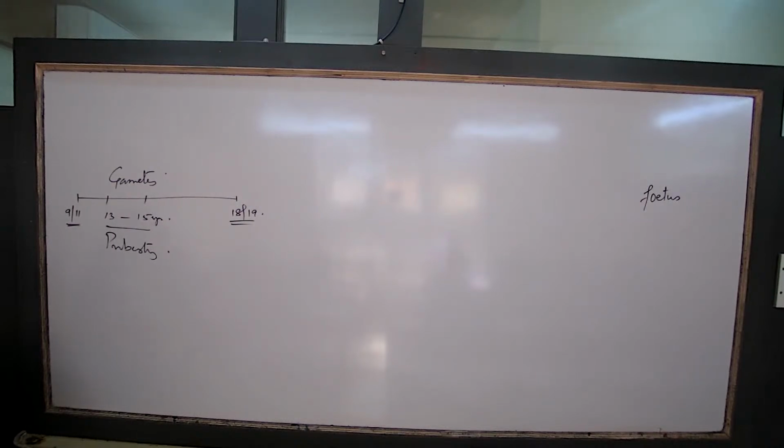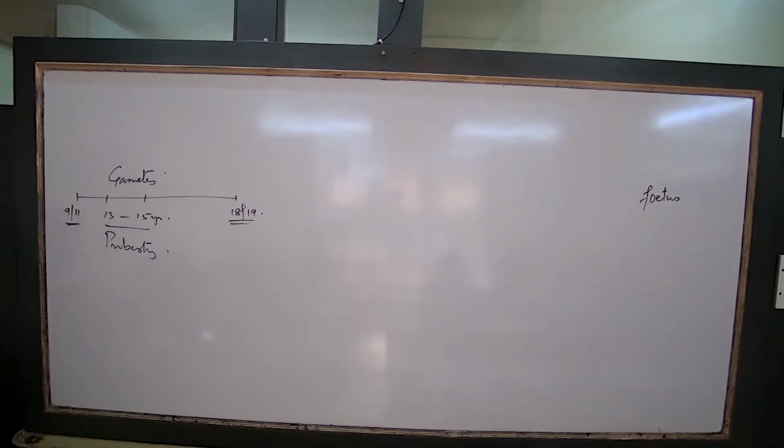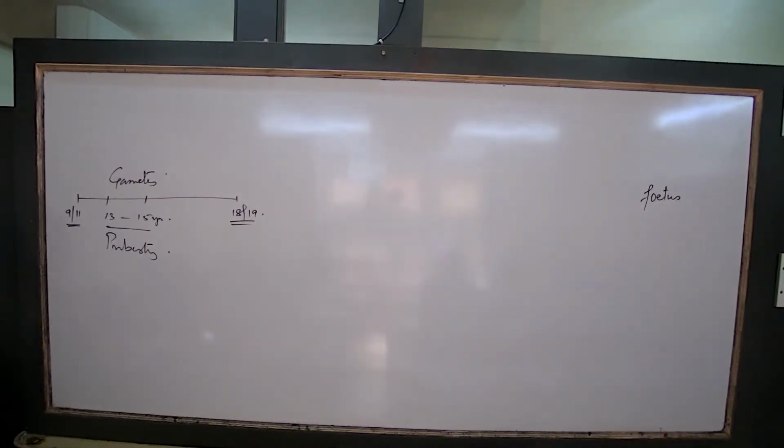Comma. Female gametes have 22 autosomes and an X chromosome. Full stop.